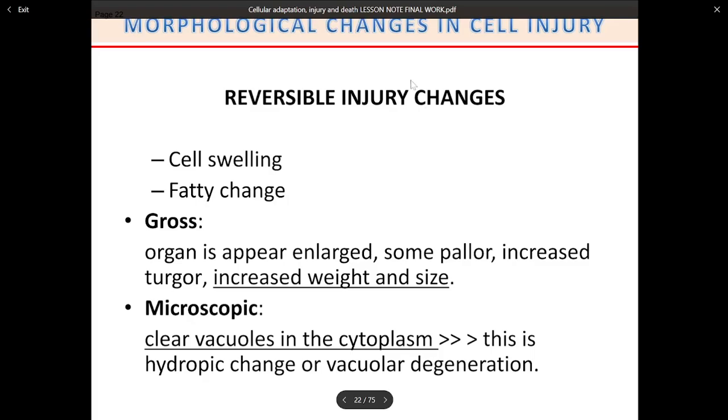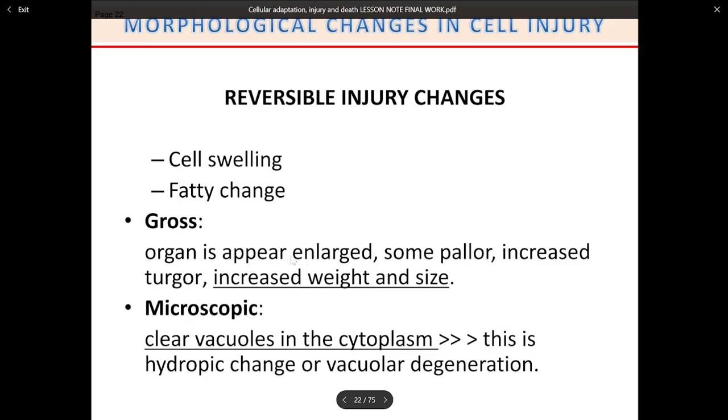Now, morphological changes in cell injury. Reversible injury changes include cell swelling and fatty changes.